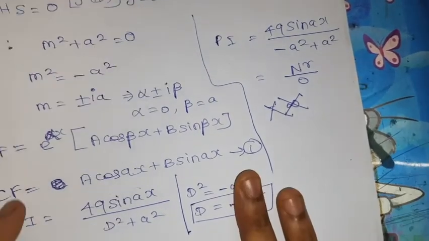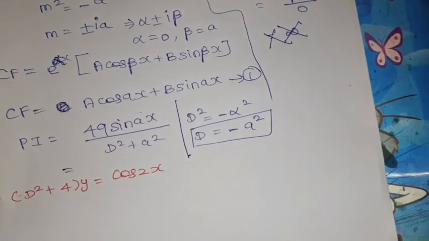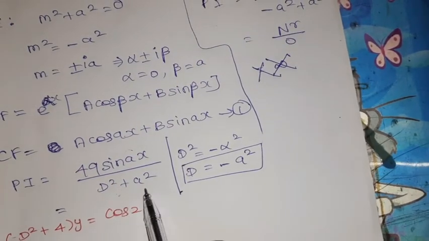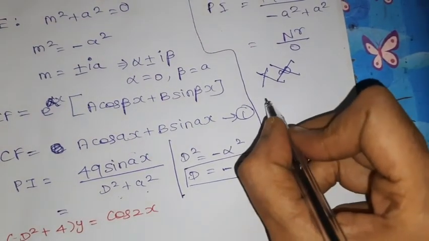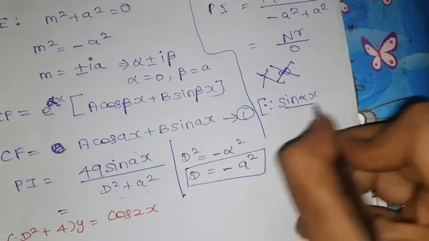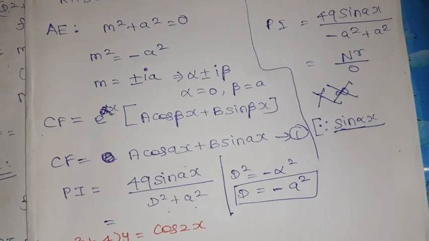For that, what do we do? In general derivatives, we have already posted a video. Whenever it is in the form of sin alpha x divided by d squared plus alpha squared, this is a general derivative we should memorize. If we forget it, I will tell you the shortcut.